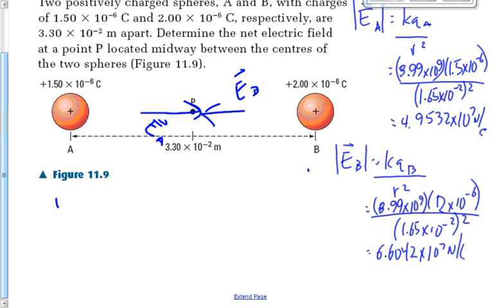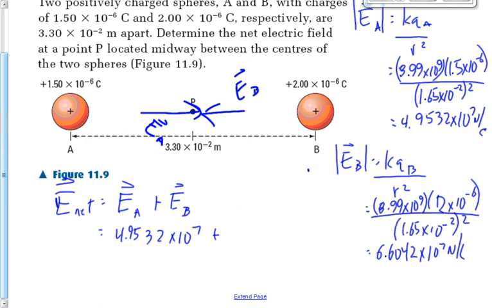Now let's add them up. The net field is equal to the field caused by A plus the field caused by B. Field caused by A is 4.9532 times 10 to the 7. Field caused by B, 6.6042 times 10 to the 7.